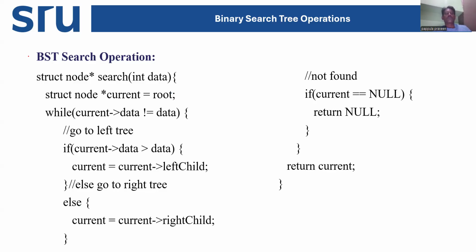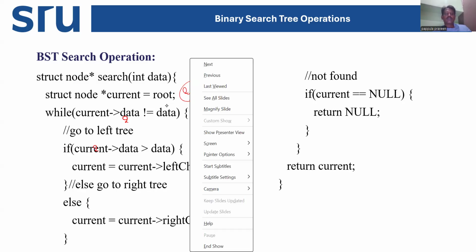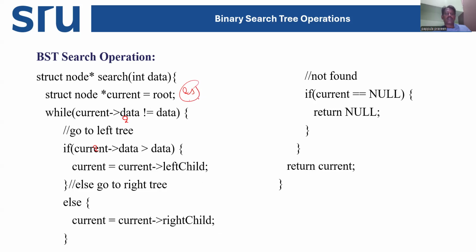Current node is the root node. Now while current data is not equal to data, what is current data? In our previous example, 25 is the current data, right? And data means the element we are searching for, which is 13.